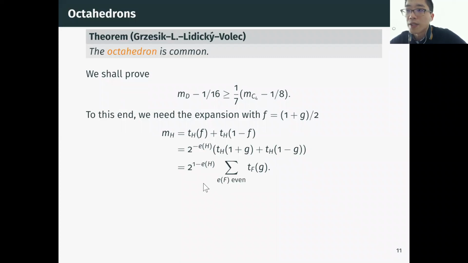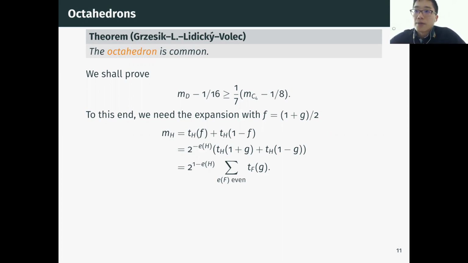Here the sum ranges over all subgraphs of H. You could easily check this, and you may have already seen it somewhere. Basically, whenever you deal with commonality, there is a good chance that you deal with this expression.